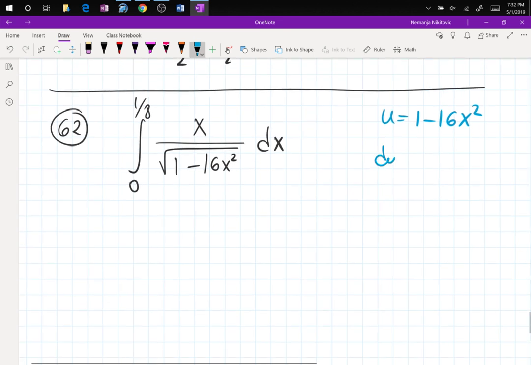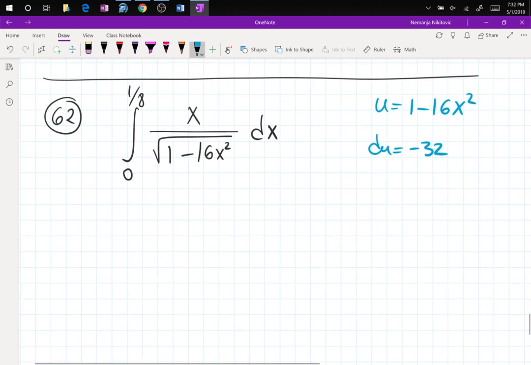Negative 32x dx. Okay, fine. Great. So I don't have this negative 32, so I have to install that. So now I have negative 1 over 32.